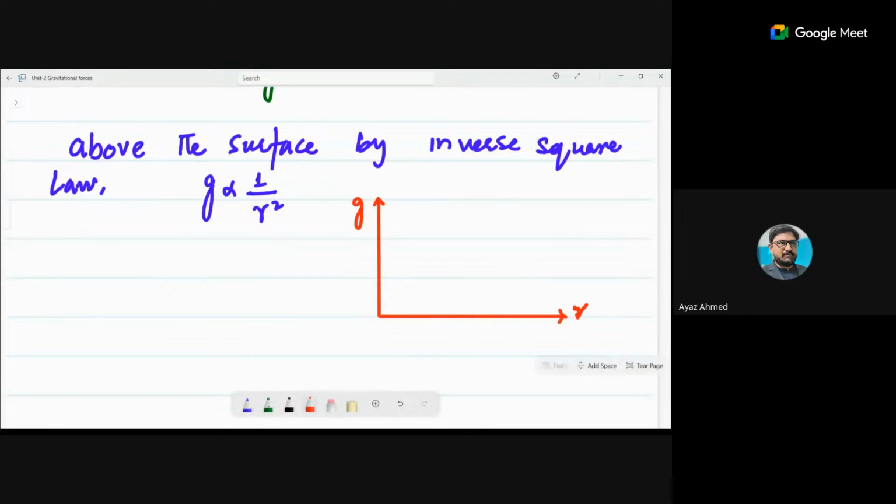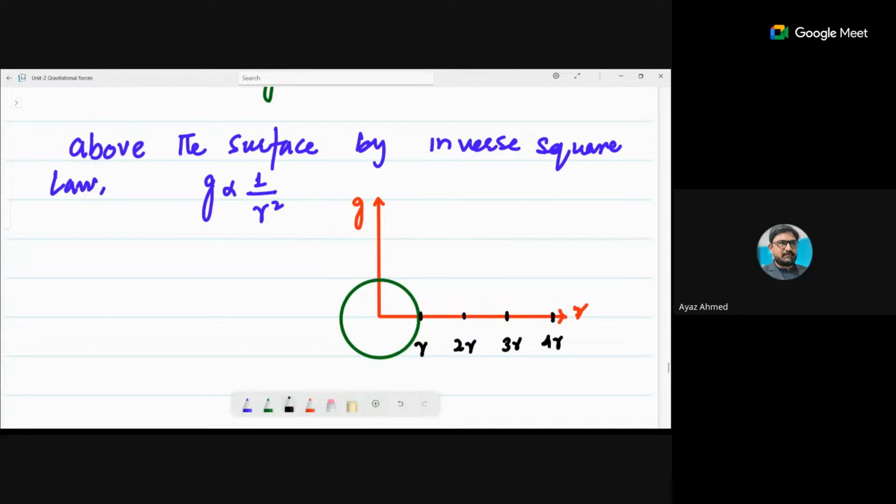That is basically the value of any distance. Okay, so this is the surface of the planet. I mean, this is the planet actually. So if I say that this is the radius of that planet, this is the center basically. So it would be maximum at this position, which is your R. Let's say it is your 2R. Let's say it is your 3R. Let's say it is your 4R.